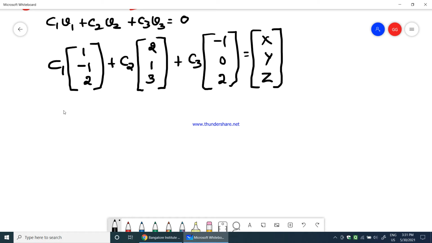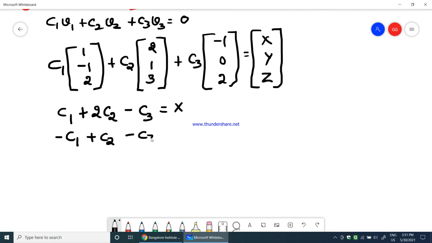The first equation is C1 into 1 is C1, plus 2 into C2, minus C3 equals X. The second equation is minus C1 plus C2 minus C3 equals Y. The third equation is 2C1 plus 3C2 plus 2C3 equals Z. So these are the three equations that we have got.